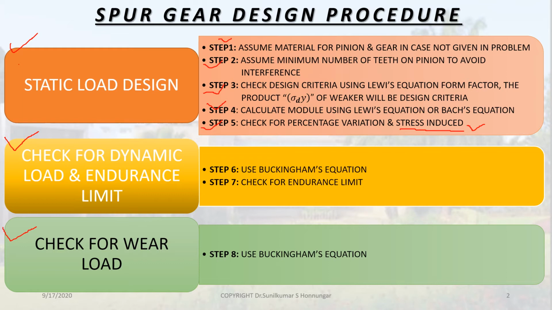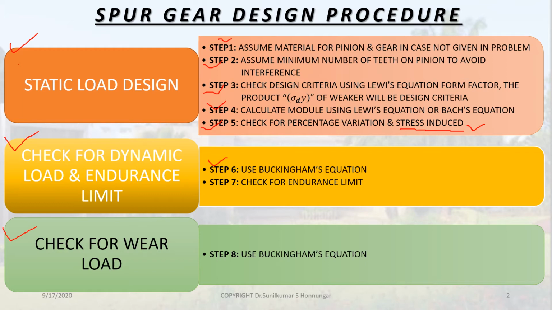Coming to the dynamic load and endurance, you have step number 6, in which you will be using the Buckingham equation, which I will be narrating in detail. So using Buckingham's equation, you will be finding or checking the dynamic load. And again in the same step, endurance limit. Endurance, what is that? Whenever the load is not static, when it changes with respect to time, we consider not the static strength but the endurance limit. Generally remember that.